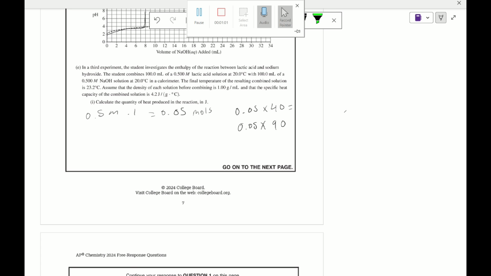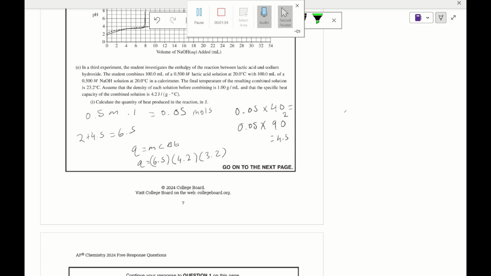So that would equal 2, and that would equal 4.5. 2 plus 4.5 equals 6.5 grams. So we have 6.5 grams, and we know the equation is q equals mc delta T. So now we find our mass. We have 6.5. Our c is 4.2. And then lastly, our change in temperature would be 3.4, or 3.2, sorry.